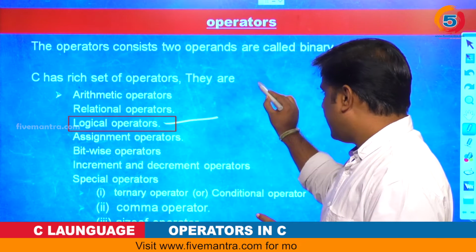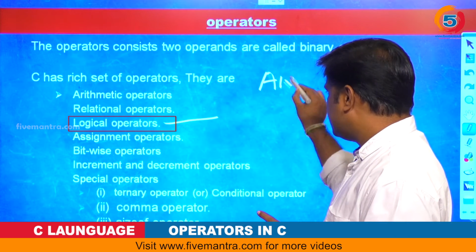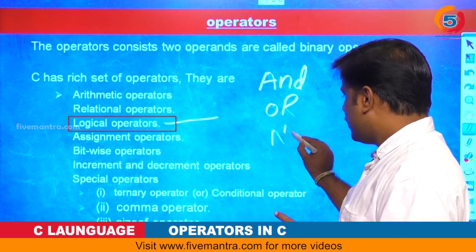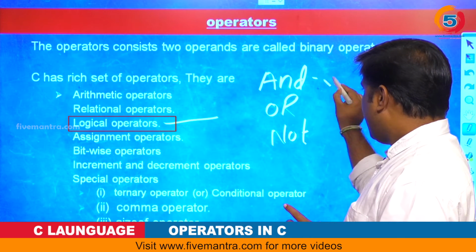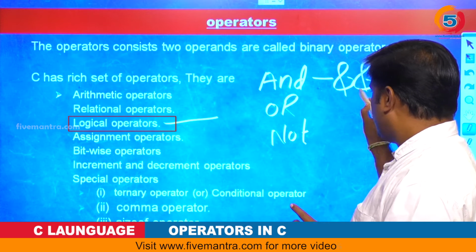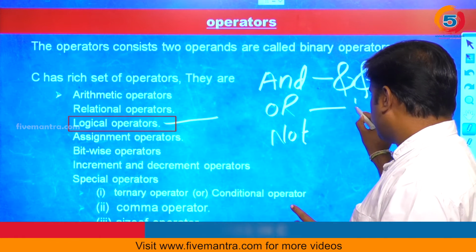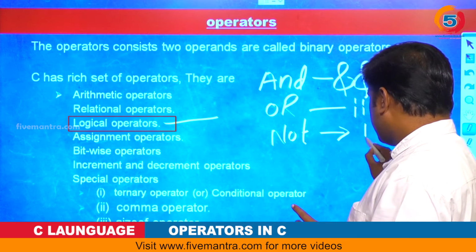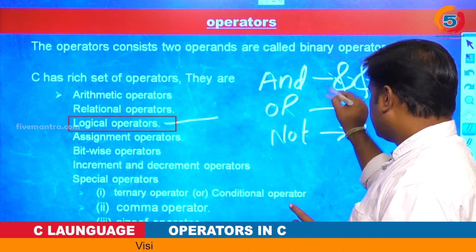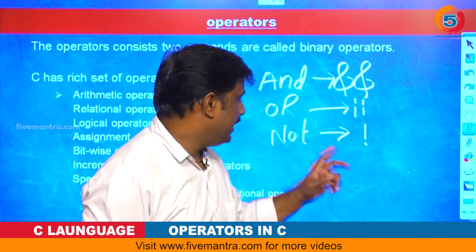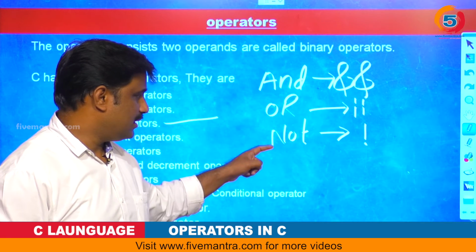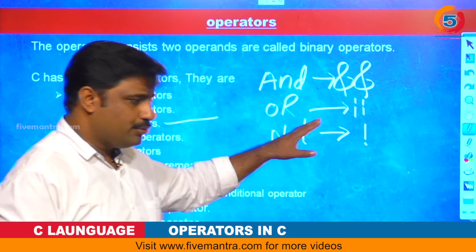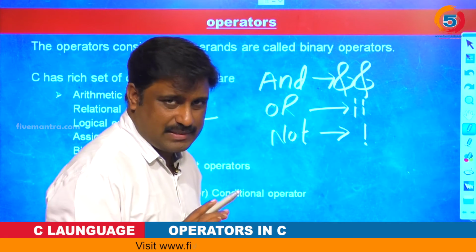We have 3 logical operators: one is AND, another is OR, and the next is NOT. AND is represented with the AND operator, OR with the OR operator, and the exclamation mark is NOT. What is the use of these and how to use them, we will discuss specially.